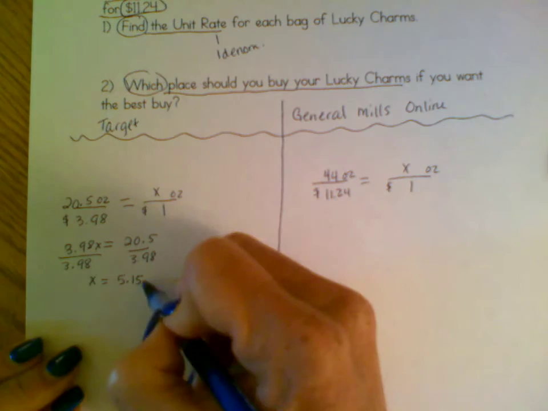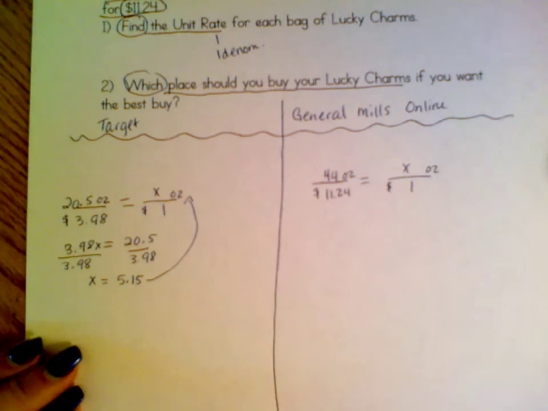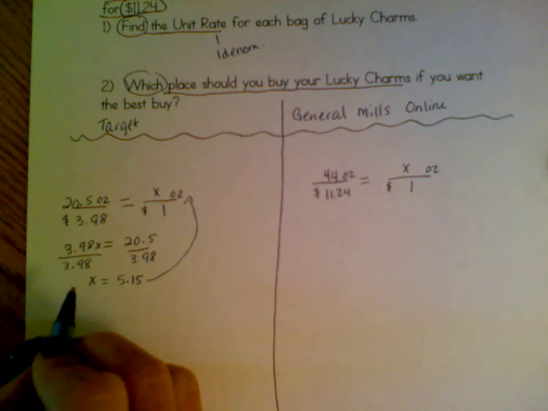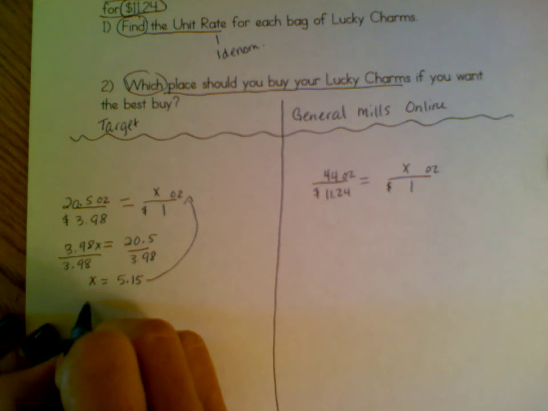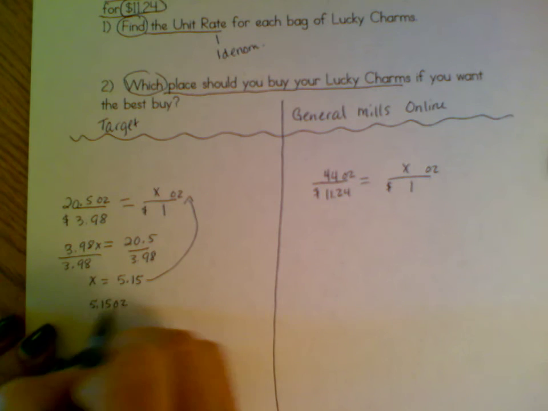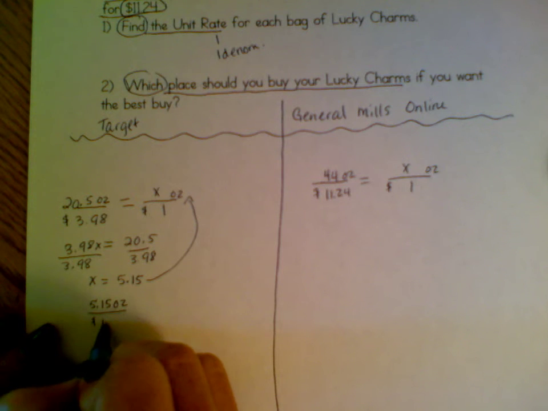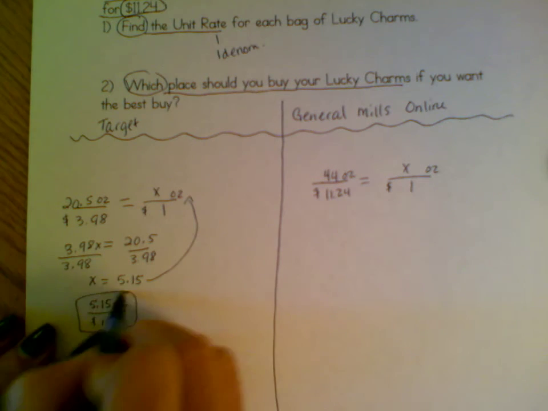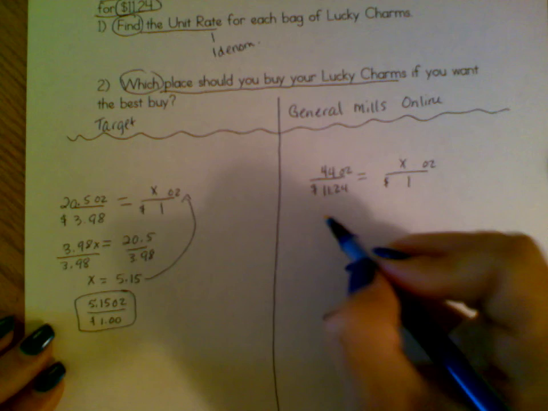Remember, I always like to see labels, so that's ounces, but they did ask me for a unit rate. So unit rate is in fractional form, and it has 1 in the denominator, so I need to present it that way. So I have 5.15 ounces per $1. There's my unit rate.